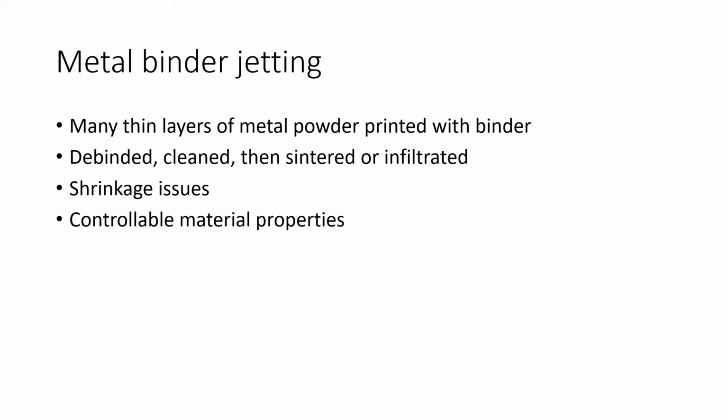Sintering, of course, being heating to the point where the particles mush together and combine, or infiltration, which is actually the incorporation of an alloy into the part. Kind of like casting, but with the 3D printed part. And one example alloy that's used for that is bronze or brass.